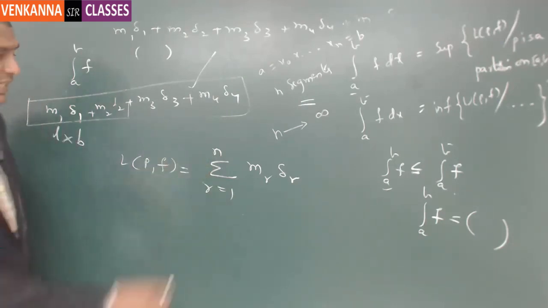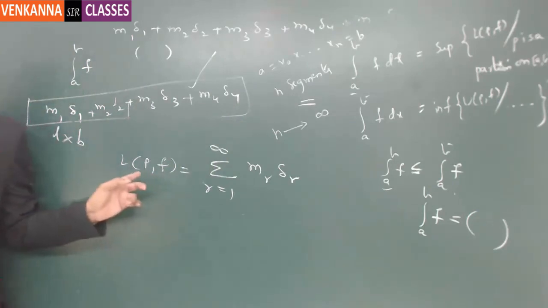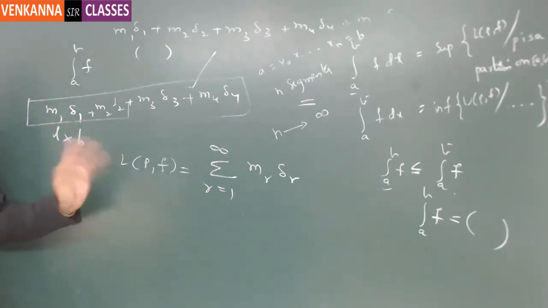Now what happens if n is infinity? What about LPF? We can say you have approximated the entire region by means of lower sums, the lower values of the function. Are you getting the idea or not?